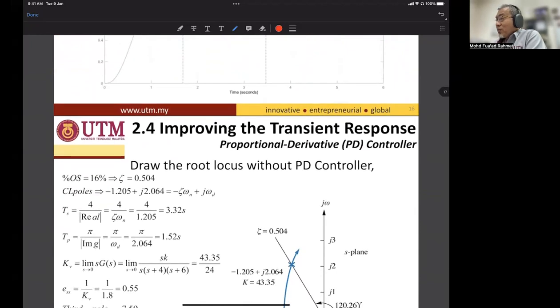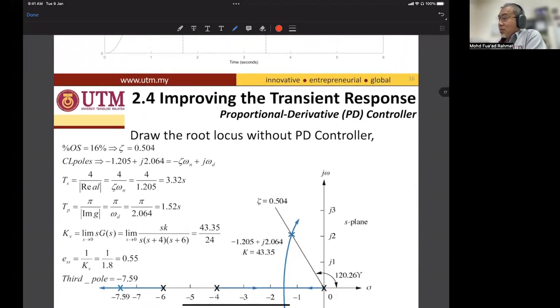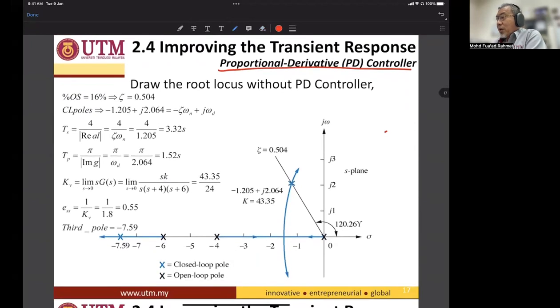To improve the transient response using a PD controller, we have to design based on the spec. Our target is zeta 0.504 or 16% overshoot. And we found that the dominant pole is here, as Ismail said just now.